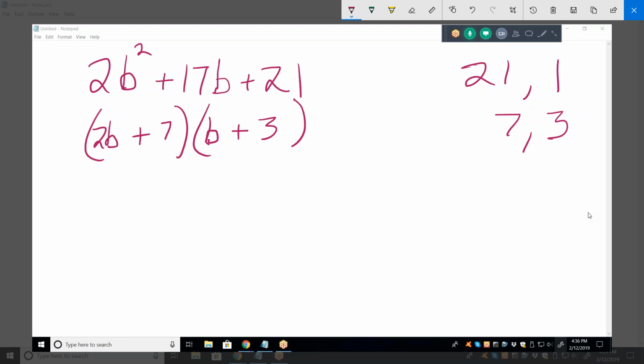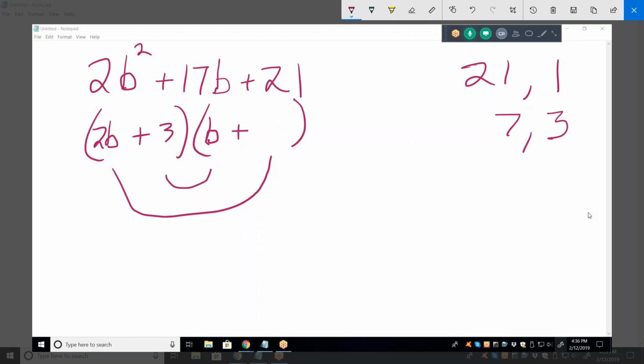Does that work? And how do I find it? In other words, when you're solving these second level ones, this double smiley face is part of the process. It's not just part of checking. It's part of the process of figuring it out. So that wouldn't work, because that gives you 7b plus 6b, 13b. So the only other choice at the moment is to switch the two numbers.